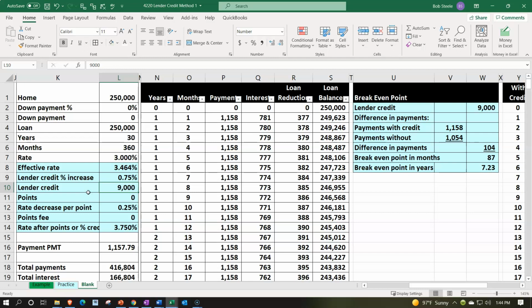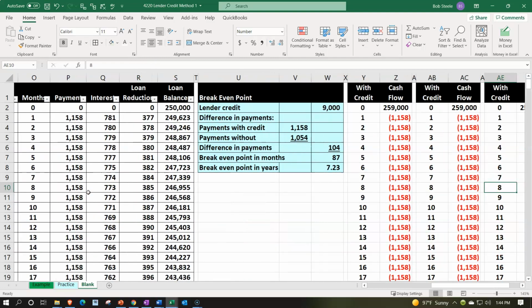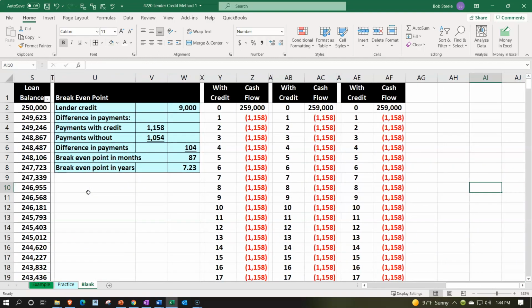So the question is, is it worth the cost to get this done? You could do this kind of comparison for that. If you're holding on to it for a shorter period of time, then for the break-even point, you might decide how long you're going to be holding it and see whether it'd be worthwhile to do the lender credit under those circumstances.